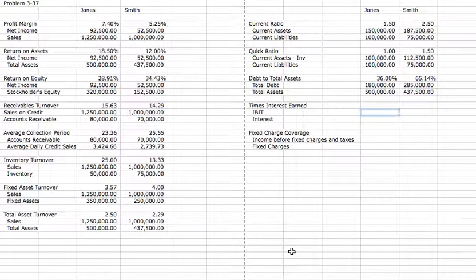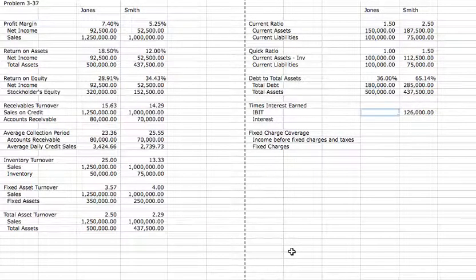Let's take a look at times interest earned. We need earnings before interest and taxes. That's EBIT. Their earnings before interest and taxes. So let's take a look and see if we can get, that would be operating profit. Operating profit for Smith Corporation would be $126,000.